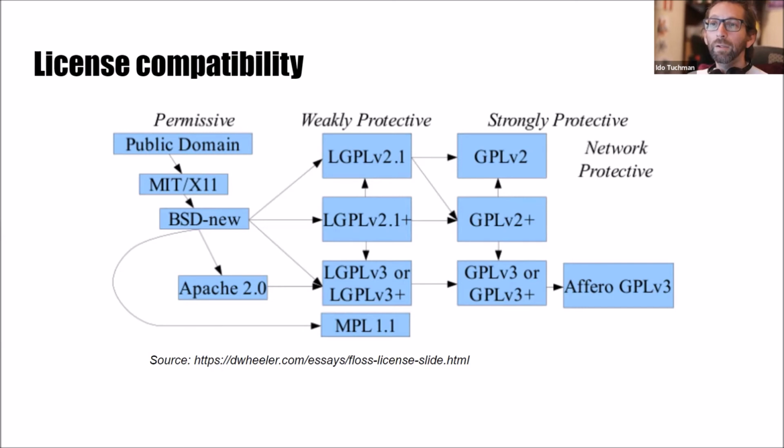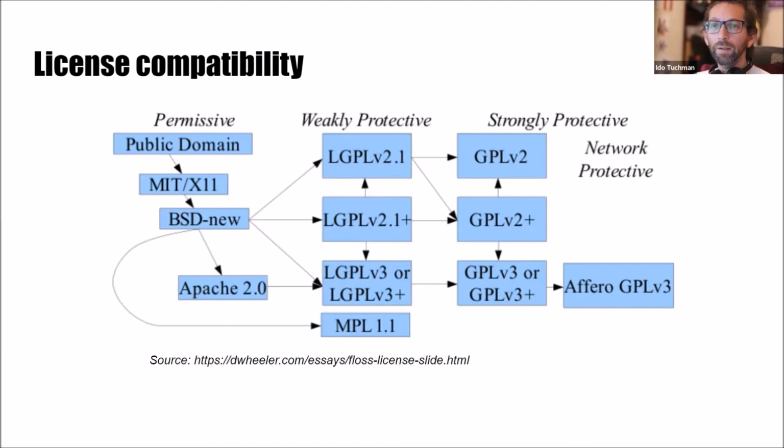But you can't take your Apache 2.0 code and release it or combine it with GPL v2 code. There's no arrow that gives you that path leading to it. And that's probably due to some conflict in the code terms, like maybe one requires some type of patent release and the other one has a different type of patent release, and they can't coexist.